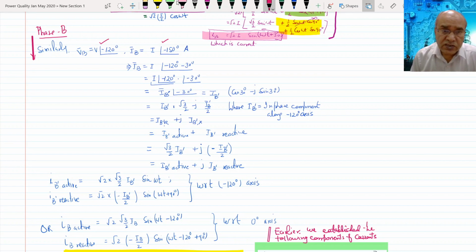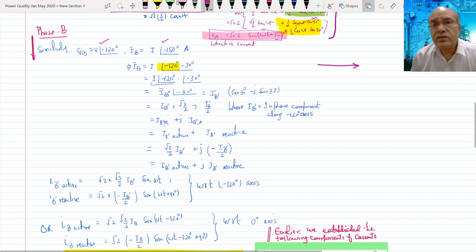Okay, so if you observe here, if I say that my phase B is the reference, so I will make minus 120 as the standard phase. So minus 120 will act as basically 0, because I have a phase B here, suppose this is BB.